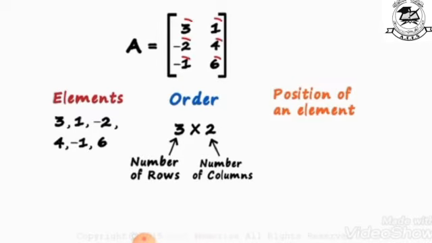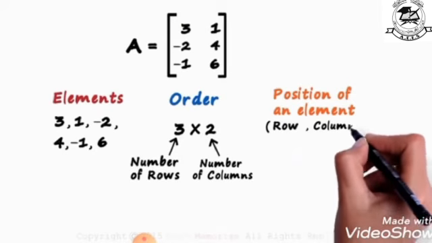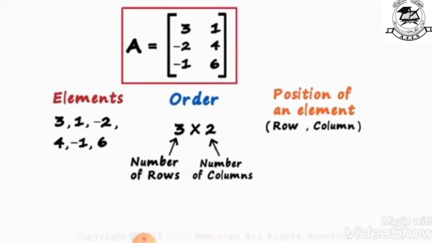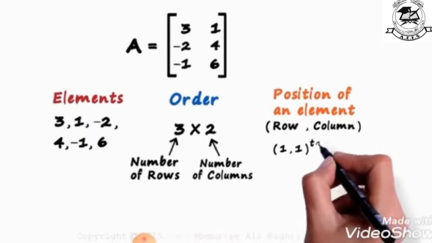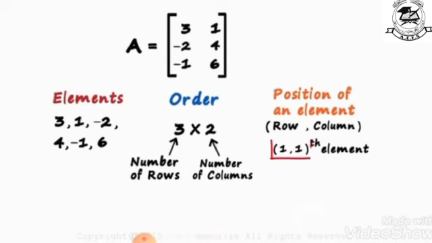Position of an element. Every element has a unique position. We look at the row where it is placed, then the column. First we look at row and then column. 1/1th element means we have to look at row 1 and then column 1.